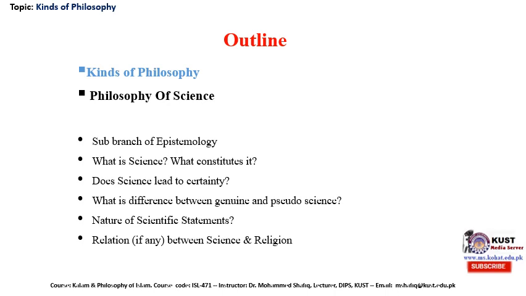So let's start with the philosophy of science. What does it mean? As we have discussed in previous lectures, philosophy is basically search for the truth, love for wisdom or knowledge.